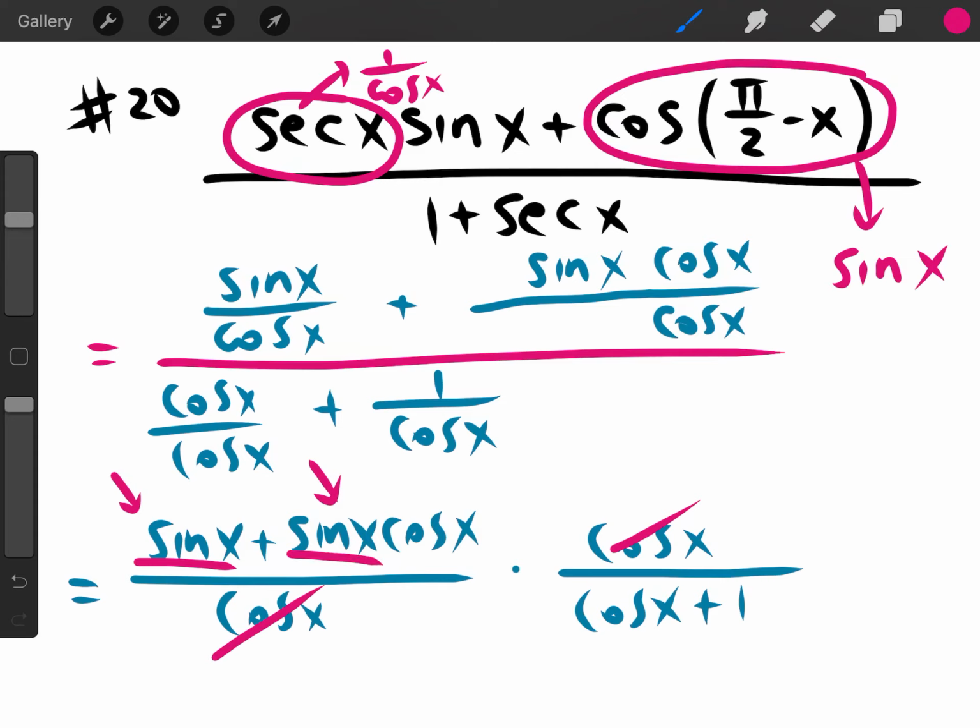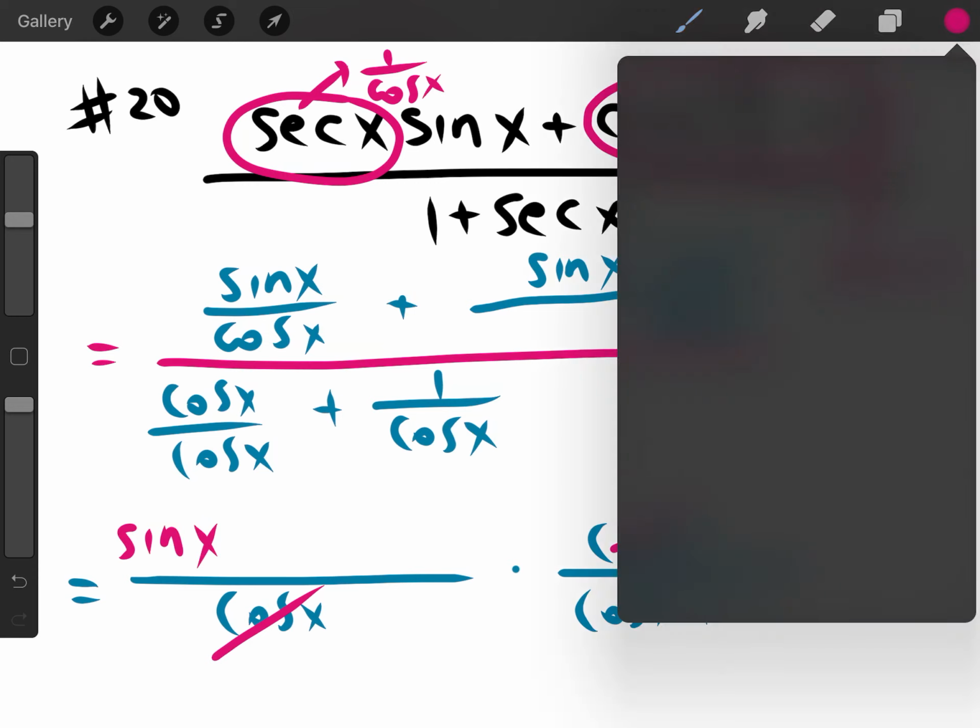Then I'm going to look at the common factor of these two terms, and I realize it's going to be sine x. So I'm going to factor out the sine x from these two terms.